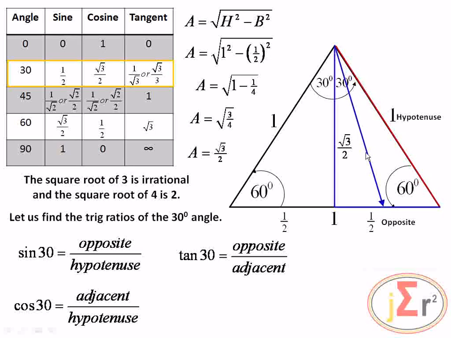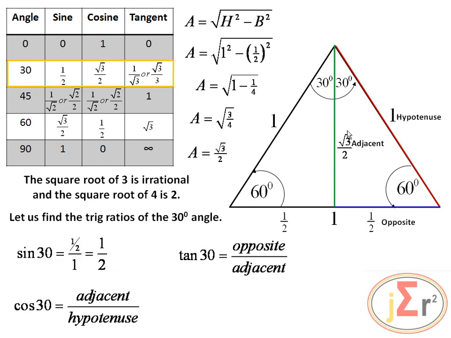The one that is facing on the other side of the angle, that one is the opposite. Then we need also to include the adjacent. That is the adjacent, the one that is beside the angle, alongside or adjacent to the angle. That is the one that is called adjacent. And of course, right now we are focusing on the 30 degrees angle.